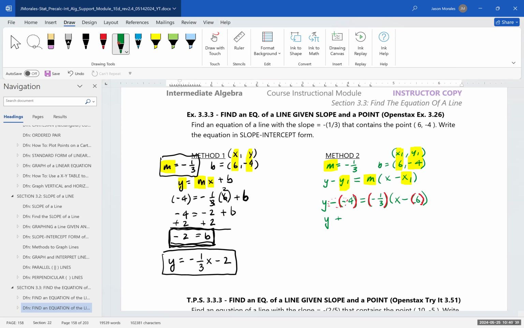Negative times a negative is a positive, so we've got y plus 4. Now we distribute this -1/3. We'll have -1/3 x, plus -1/3 times -6. Let me move the 4 to the other side.